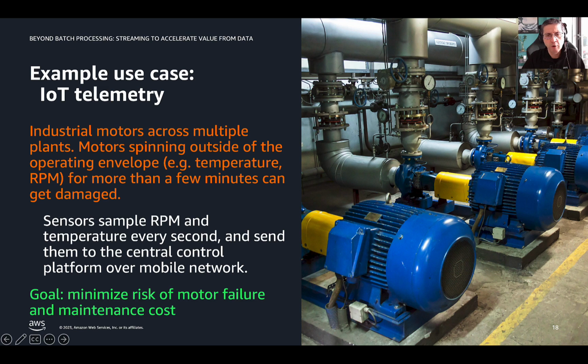Occasionally, motors can overheat or speed too fast or too slow, getting damaged. So we have installed a network of sensors on the motors, and sensors continuously sample speed and temperature and send them over a mobile network to a central control system. Our goal is to minimize the risk of failure and to reduce the maintenance cost.